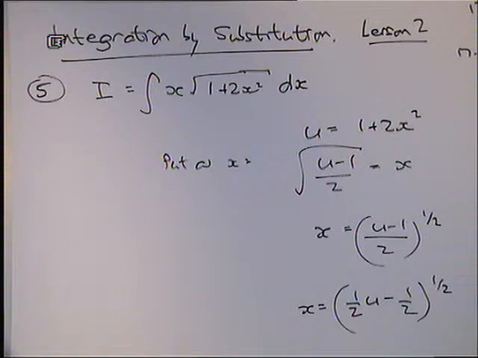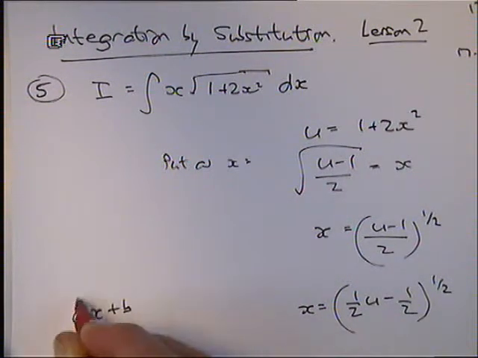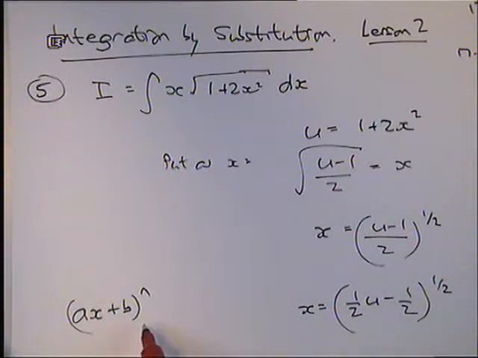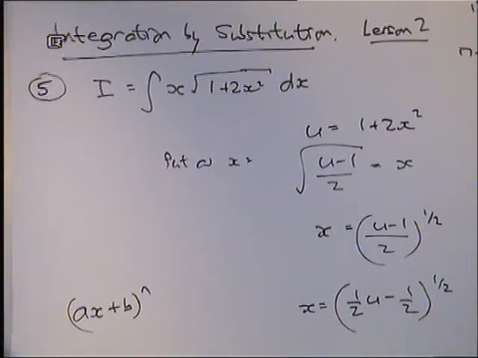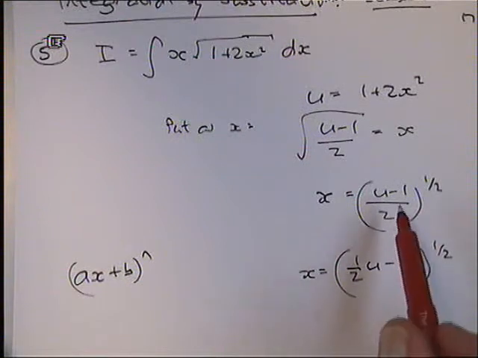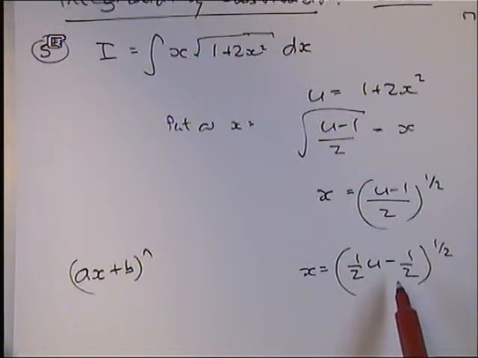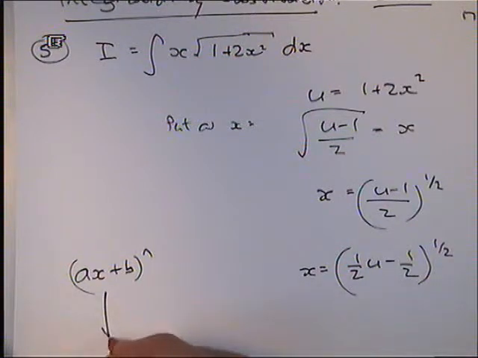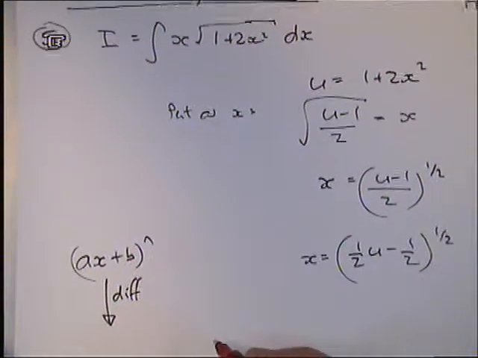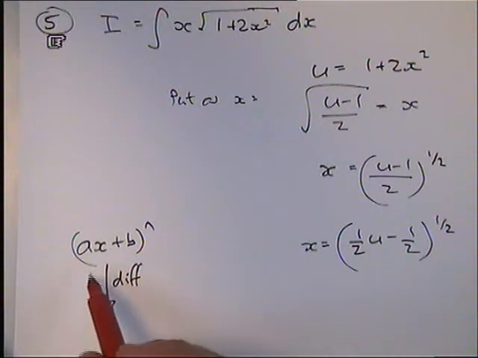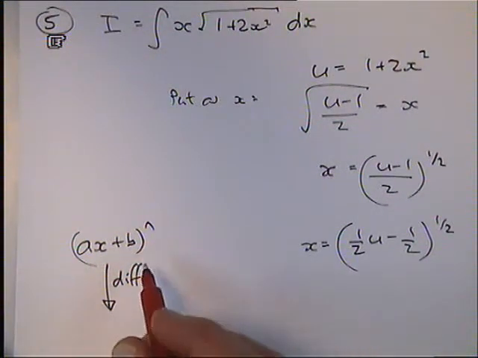You should all know how to differentiate a bracket like that. And by rewriting this like that, I've made it look more like this. So before we do that over on the right, can somebody just tell us how we differentiate this thing over here?